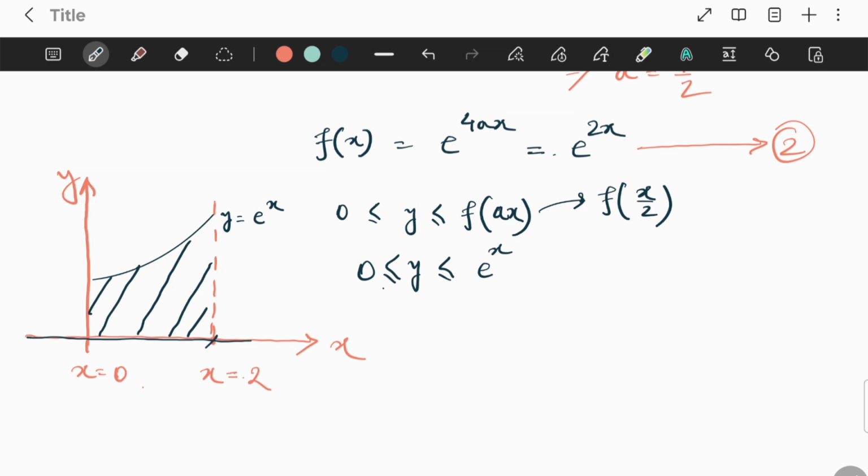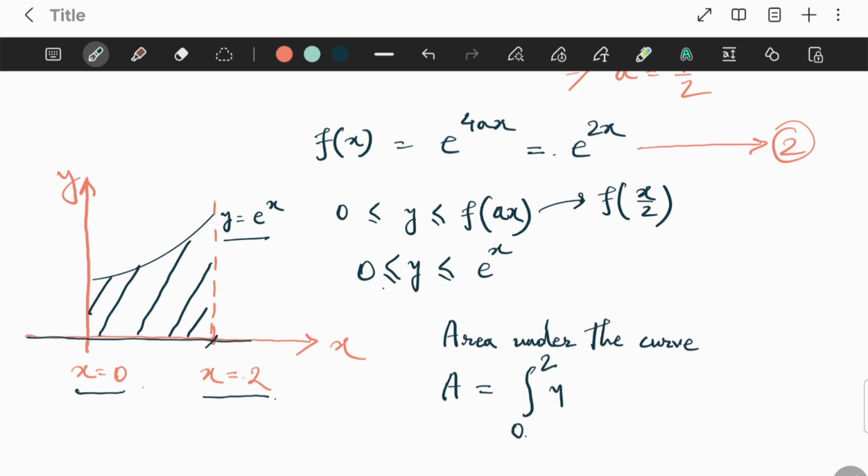Now, how do I find this area? We simply integrate the function y from x equals 0 to x equals 2. So the area under the curve, A, would be equal to integration 0 to 2 y dx.